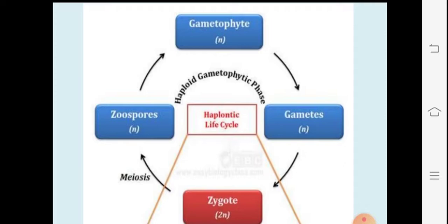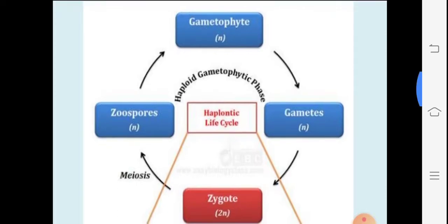There is zygote formation, but the zygote does not develop into an embryo. It goes directly under reductional division, meiosis, and therefore this diploid zygote divides into zoospores, and these zoospores are generally for asexual reproduction. They germinate and form the gametophyte again.